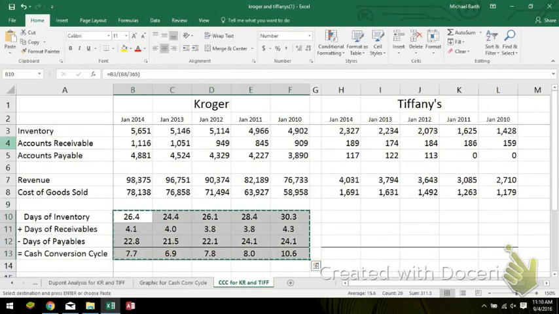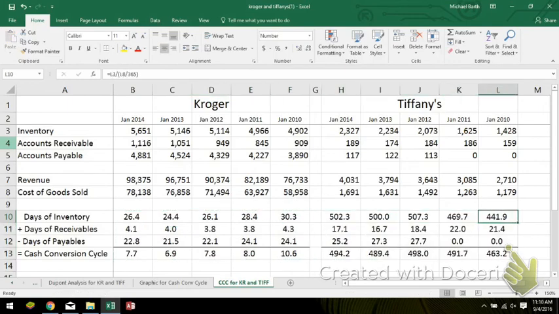If we copy all this over to Tiffany's, the days of inventory was 445 days. This is over a year, right? I mean by that it's longer than a year's worth of inventory, and that just has increased somewhat in these last 3 years.